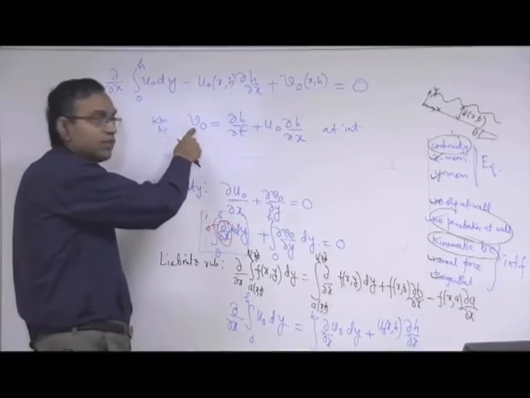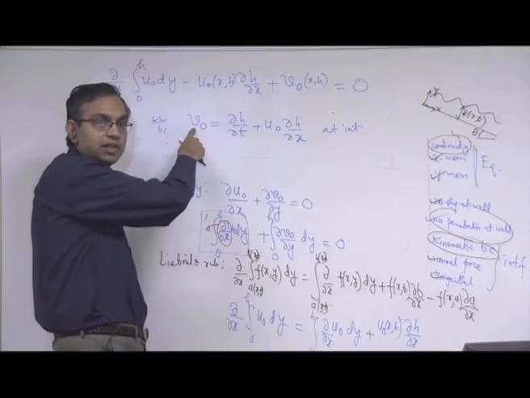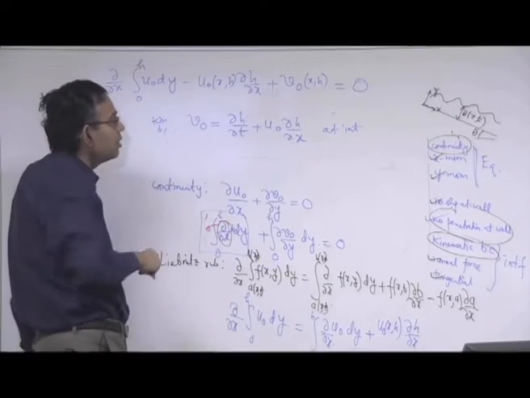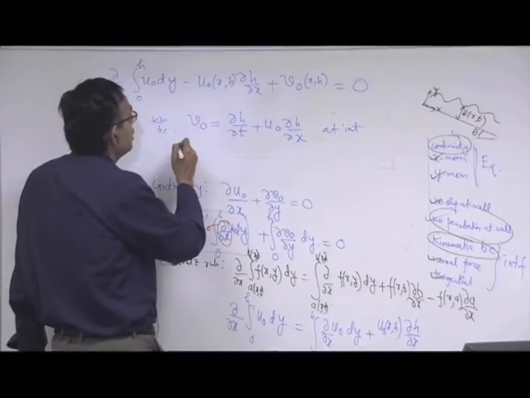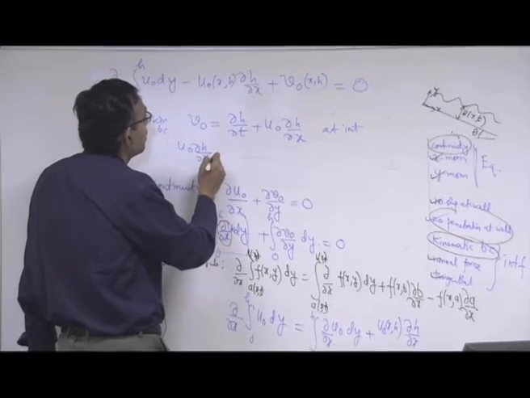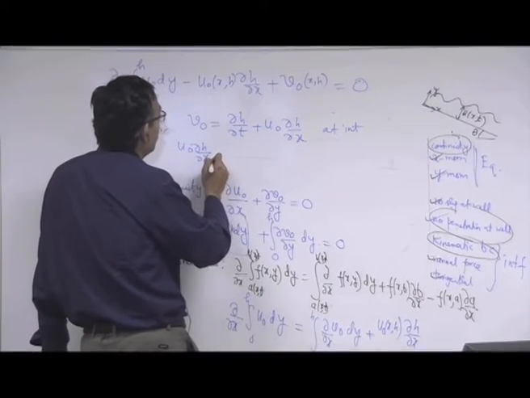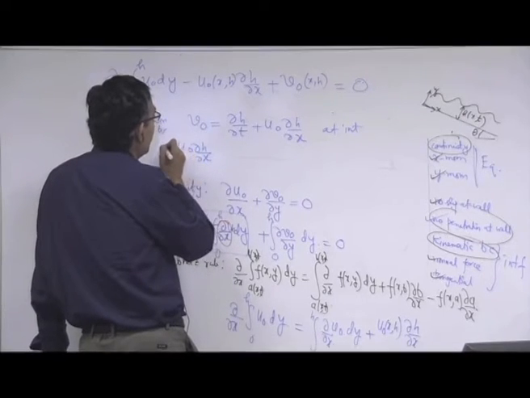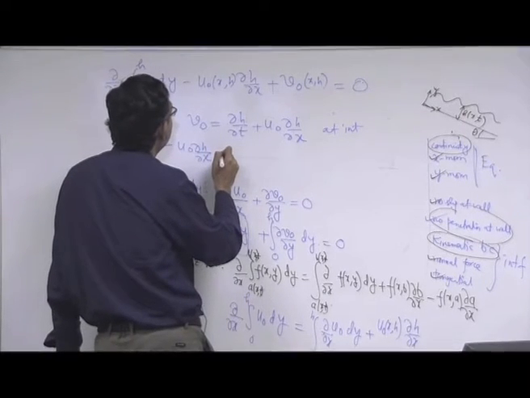This is the total derivative of h with respect to t. So we can write u0 ∂h/∂x, or minus u0 ∂h/∂x.